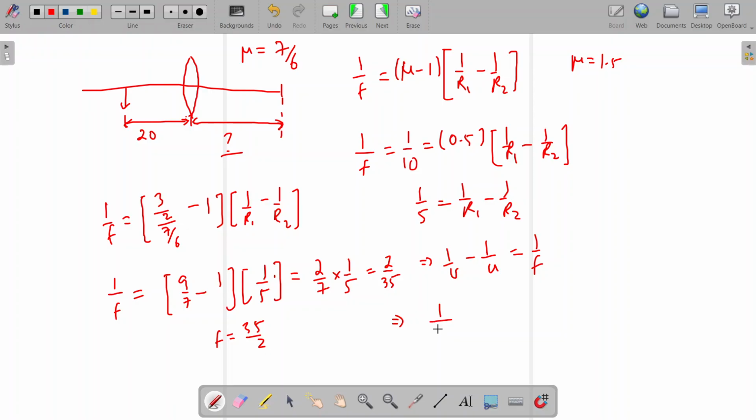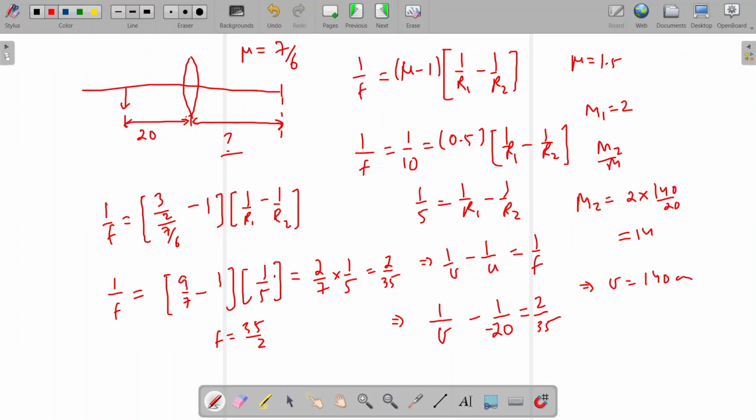So the image is formed at a distance of some value P. So after calculation, this value of P would come out to be 140 centimeter, and the magnification M2 would come out to be 2 times 140 by 20. That is 14. The magnification in the first case is 2 only. So this ratio M2 by M1 is equal to 7.